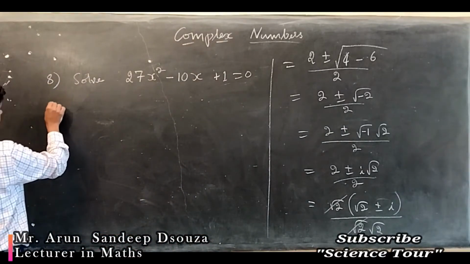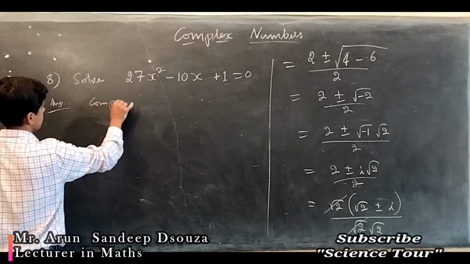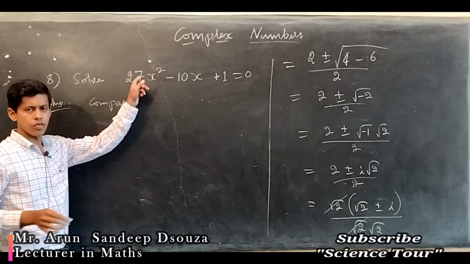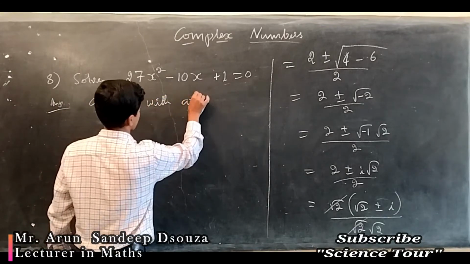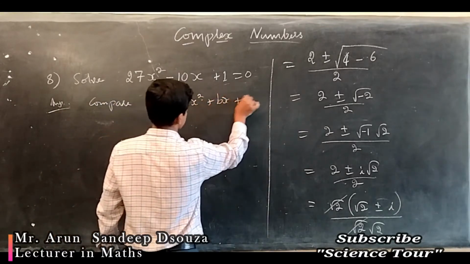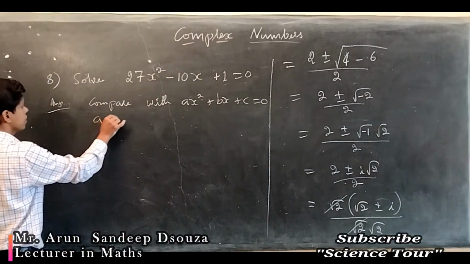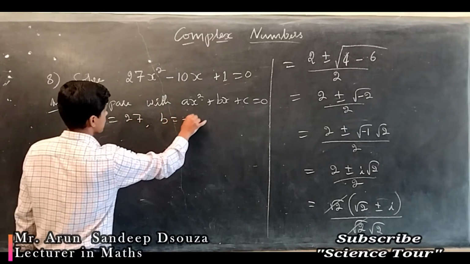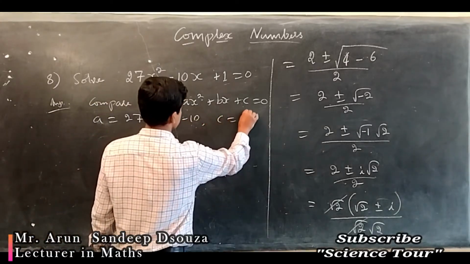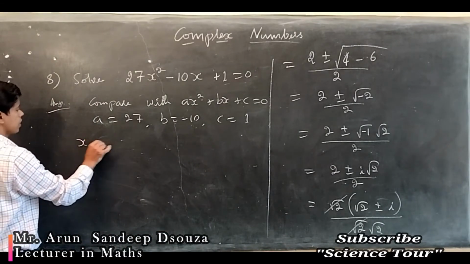Now answer, so this is in the form of ax square plus bx plus c is equal to 0, is it not? Okay, so comparing with that equation, we get a is 27 and b is minus 10 and c is 1, right?